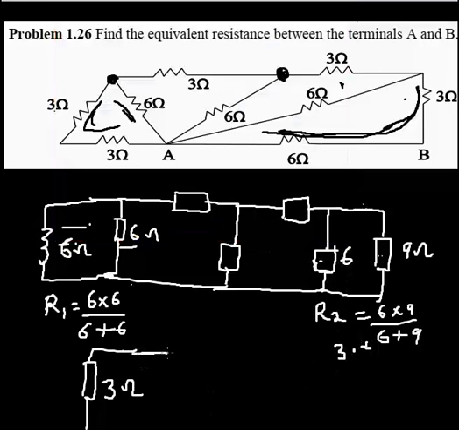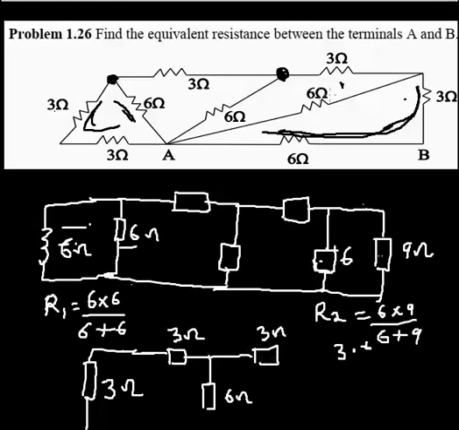So I have another resistor here, right? Don't forget that this one here is 3 ohms. This one here is 6 ohm. This is also 3 ohms.